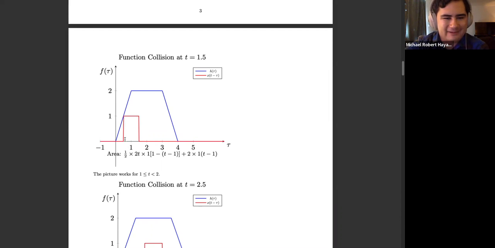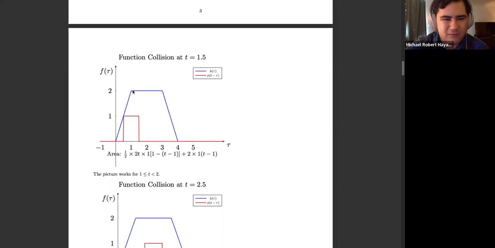So we'll get 1/2. Height is still 2t, whatever point we are along here. And where does this occur? Well, it's between 1 and t minus 1. So this is the point 1 minus (t minus 1) right here, this trailing edge. So that's why we get this thing in brackets right here.